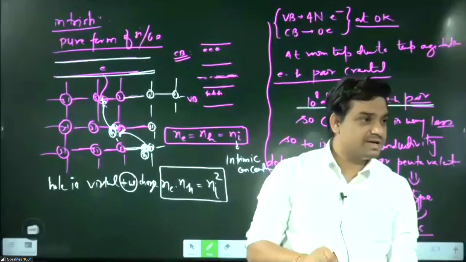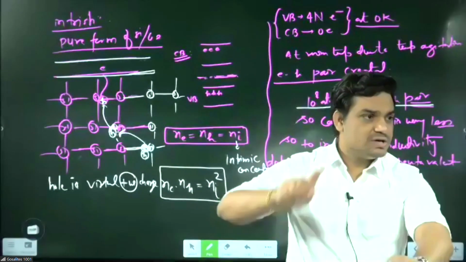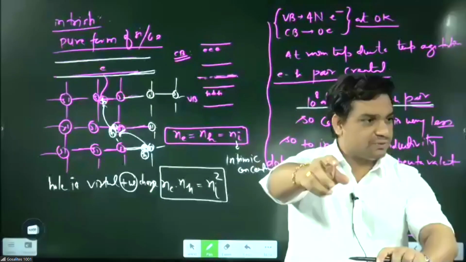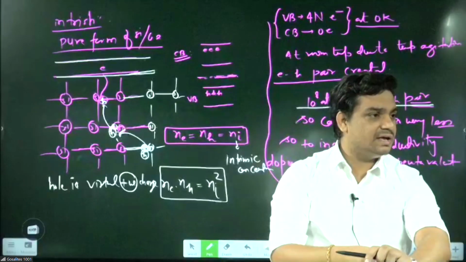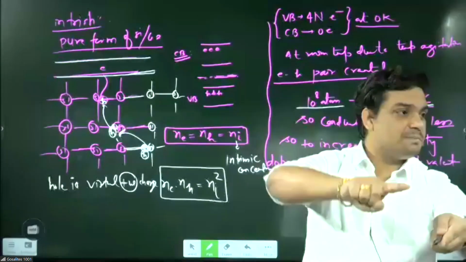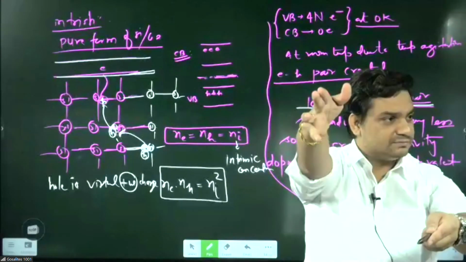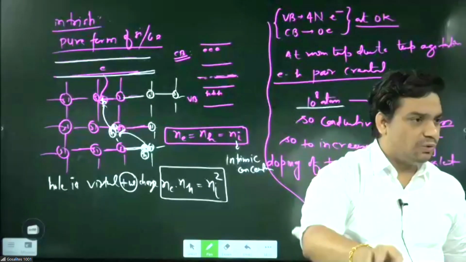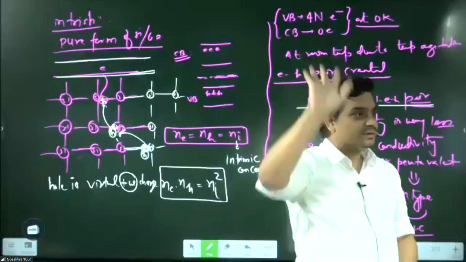Now the vacancy is created in the third line. Then someone from the fifth row will come to the third and fill it, and now the hole is created in the fifth. Then someone from the backbenchers will come and fill it, and the hole is created at the back side.